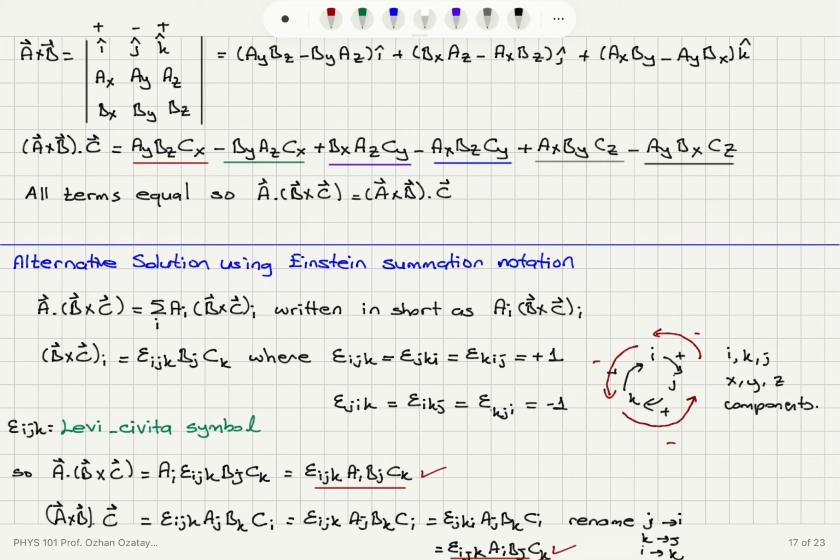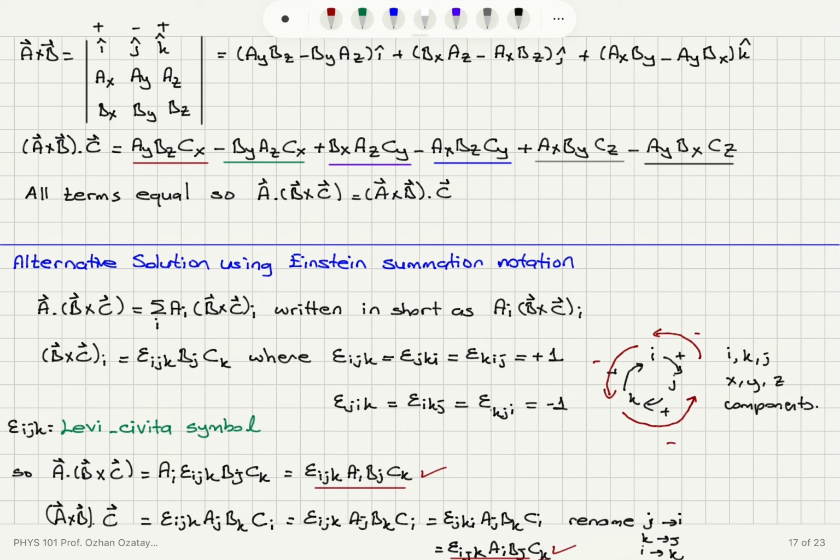And then I talked about a more advanced solution using Einstein summation notation. This is something you will encounter when you take mathematical physics. So instead of writing this dot product A dot B cross C as a sum over i of A_i (B cross C)_i, which is the ith component, where i goes from x to y to z, this can be written in short as A_i (B cross C)_i.